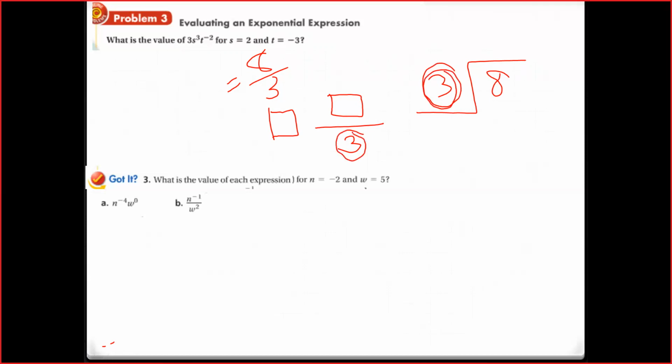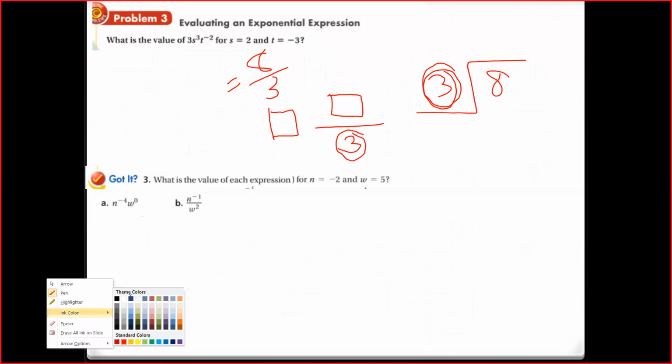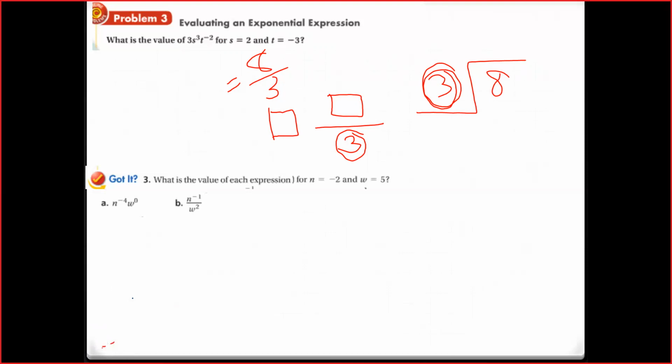Then 8 over 3 is 2. Thank you. 2 times 3 is 6. Then 2 remains. Now I write the 2 outside, and the remainder up. So the answer is 2 and 2 over 3.